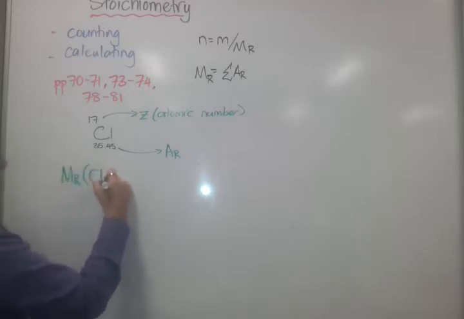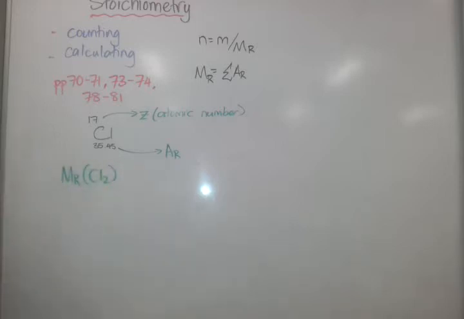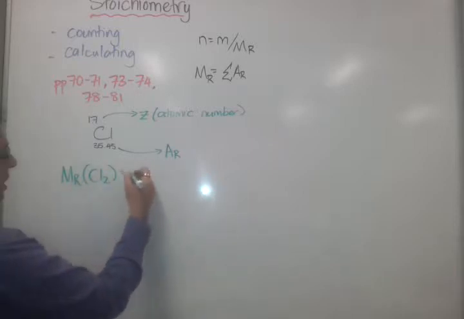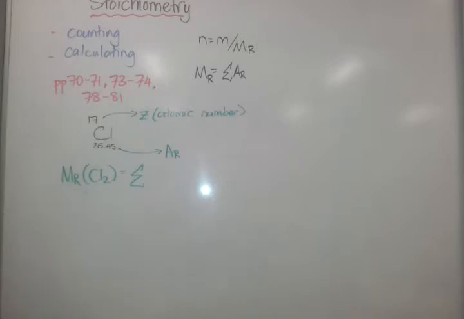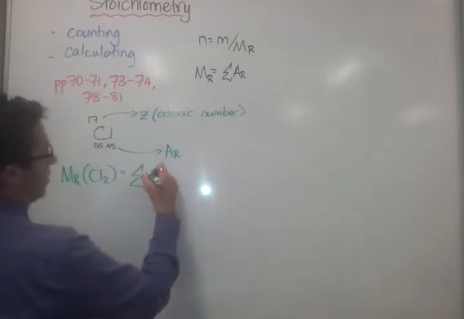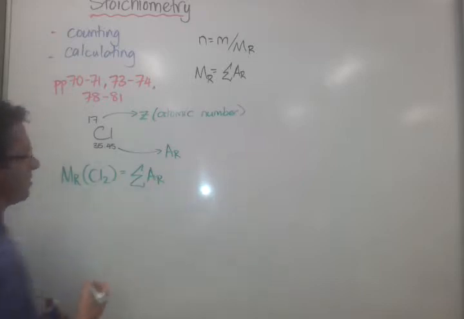So if I wanted to find the molar mass of a chlorine molecule, which is what the element exists as, I have to go sigma, which means adding up the total of, so it's the sum of the relative atomic masses. And because they're the same mass, it makes it quite easy.